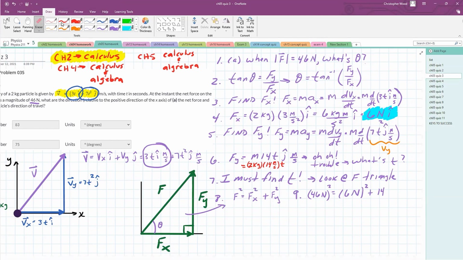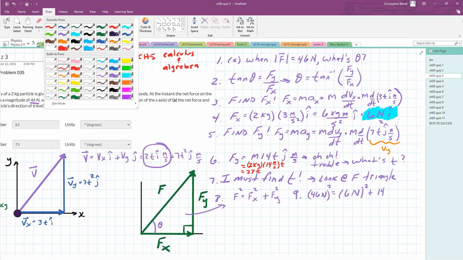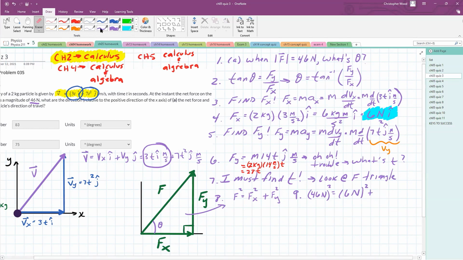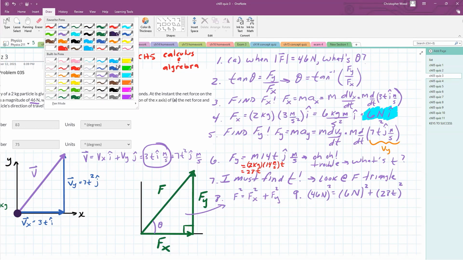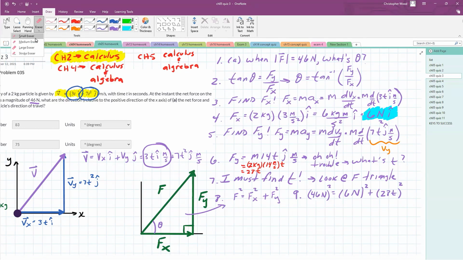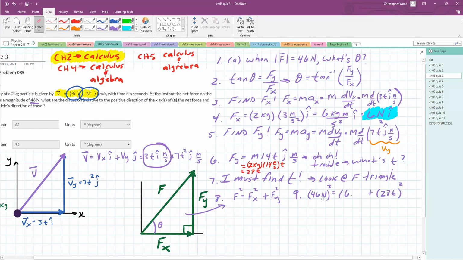I'm going to maybe leave the units to the bitter end, so that is again 28t. Now this is going to be just 28t squared. And as long as I'm not dragging along the units, I'll do the dimensional analysis again at the end. But I'm just going to say this is 6 squared. So, okay.